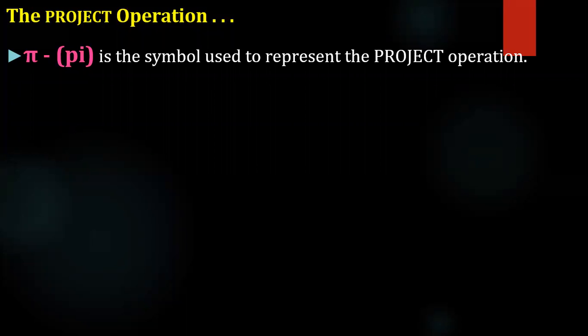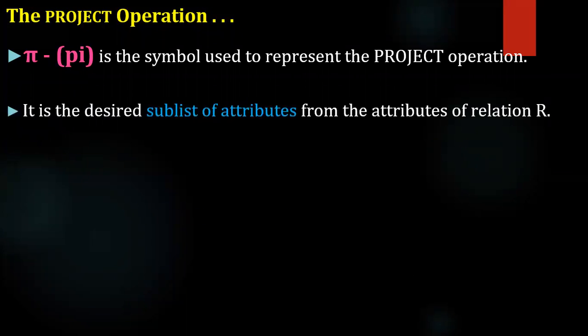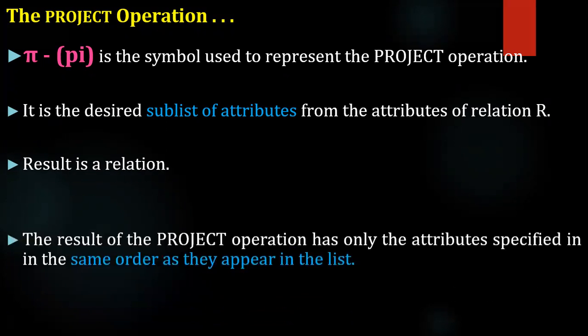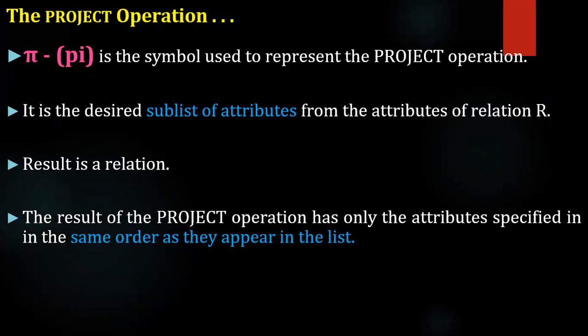The pi symbol is used to indicate the project operation, and only the desired attributes according to user requirements are selected. You can select only some of the columns, some of the attributes, and the result is again a relation.